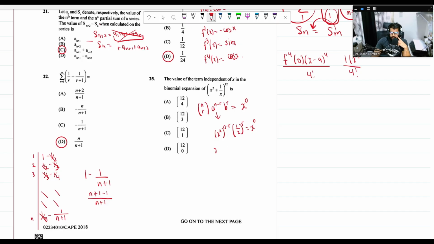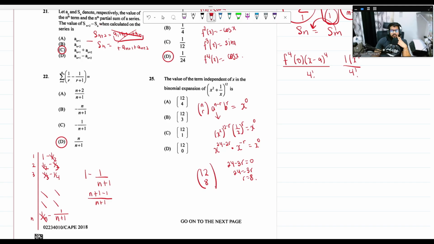So this is x to the power of 24 take away 2r multiplied by x to the power minus r, equal to x to the power 0. Equate up the powers: 24 minus 3r is equal to 0. Move the 3r across, and r is equal to 8. So the term independent of x is going to be 12C8.